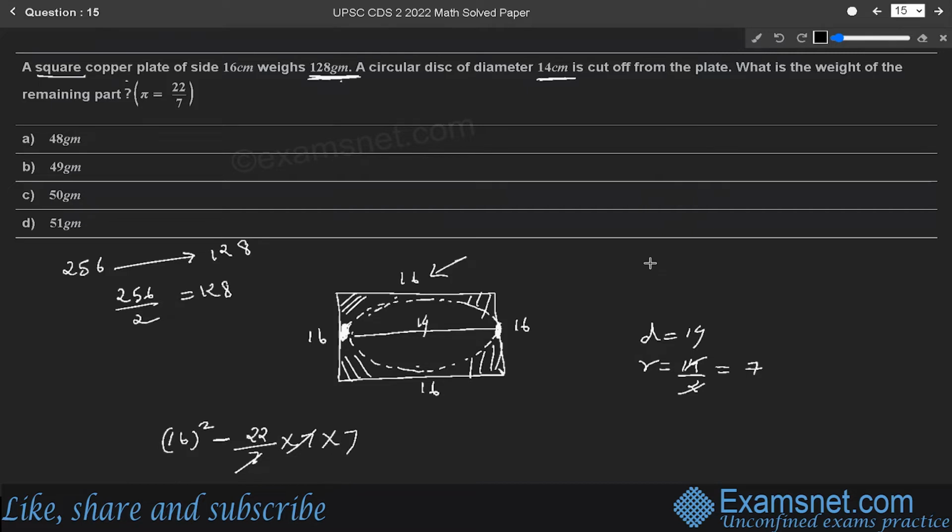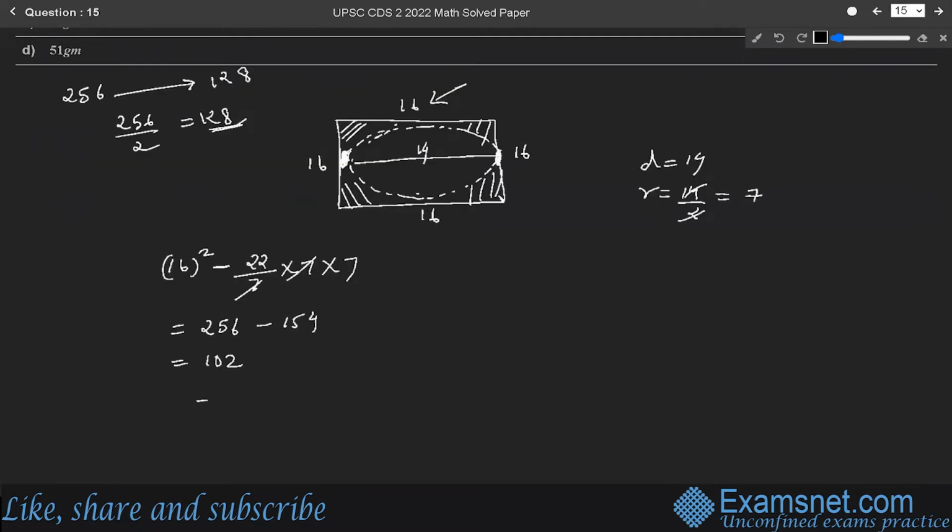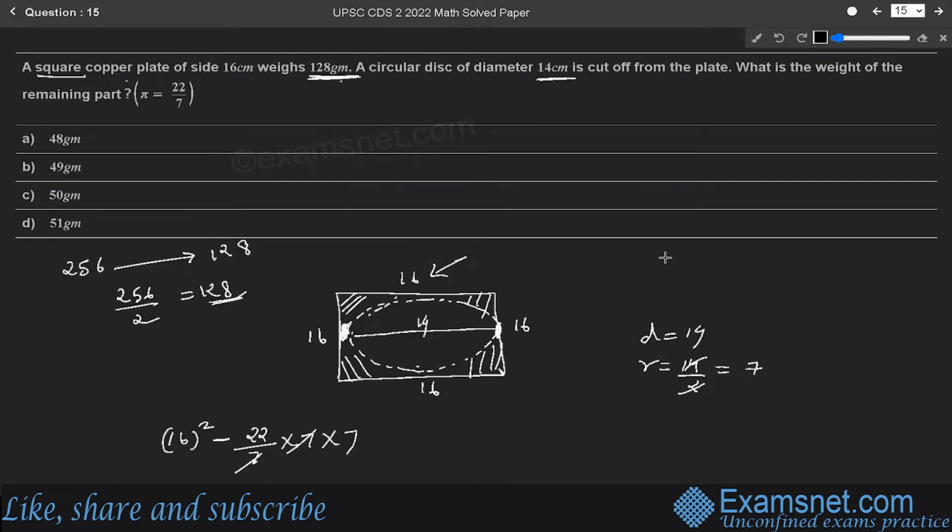We know that half of 256 is 128, so here also we have to do half. So half of 102 will be 51. So 51 is the required answer for this question. Therefore, we can say that the weight of the remaining part is 51 gram. So option D is correct.